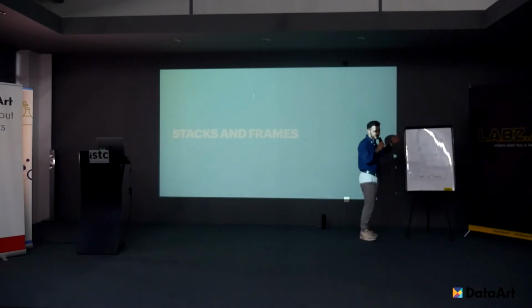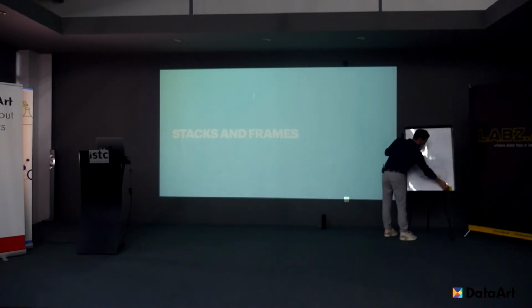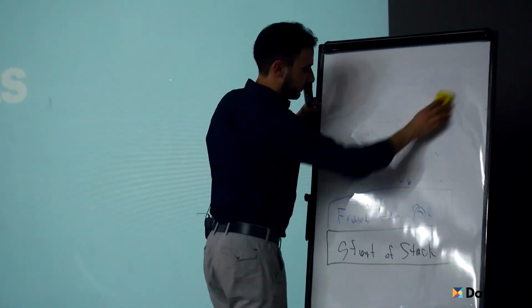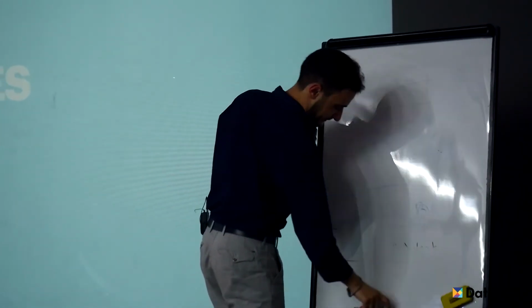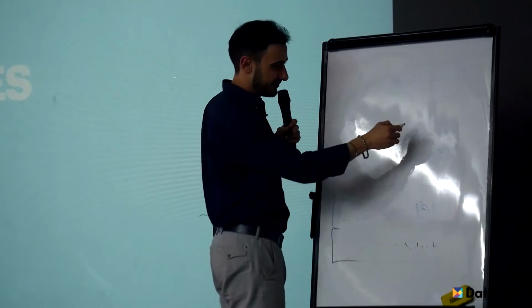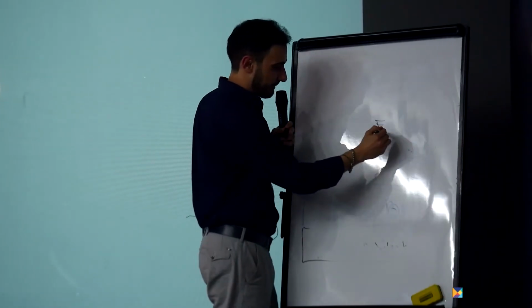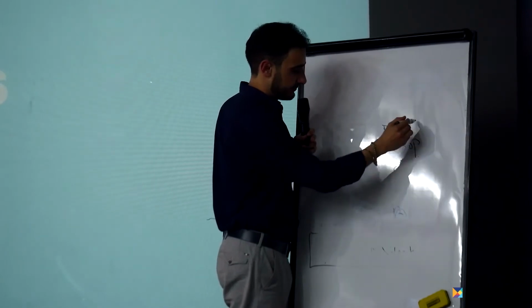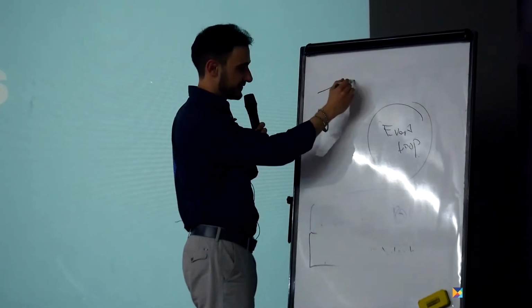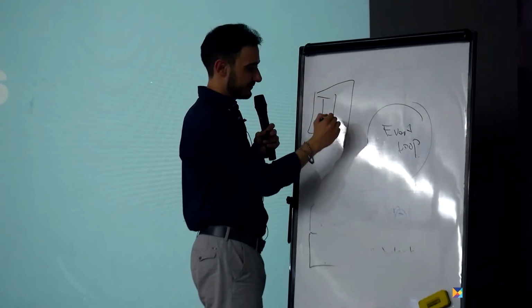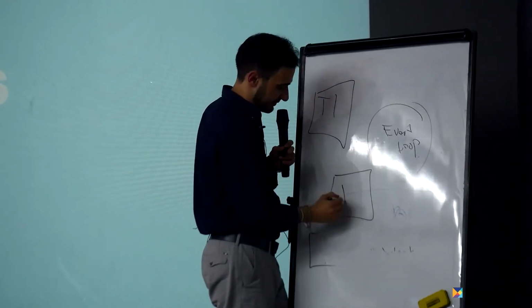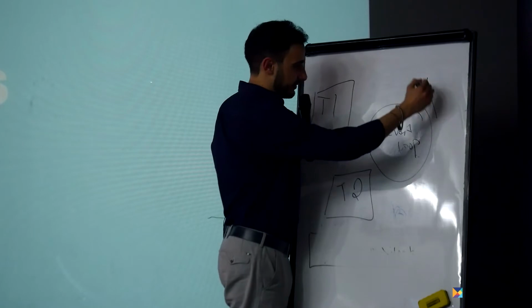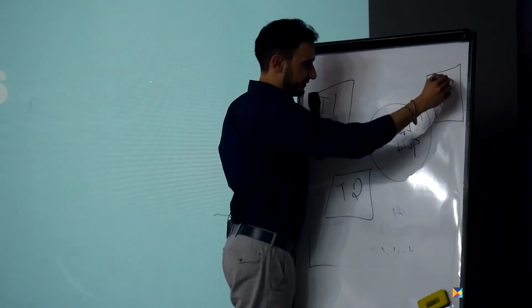So maybe we can try to draw something again. Let's keep it simple. In the middle we have the event loop, and we have separate tasks: first task, second task, and third task.